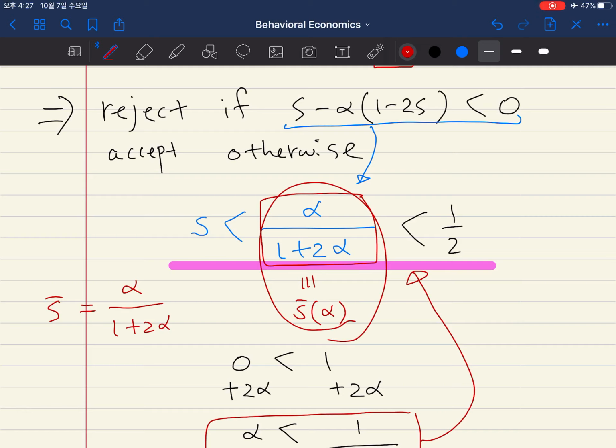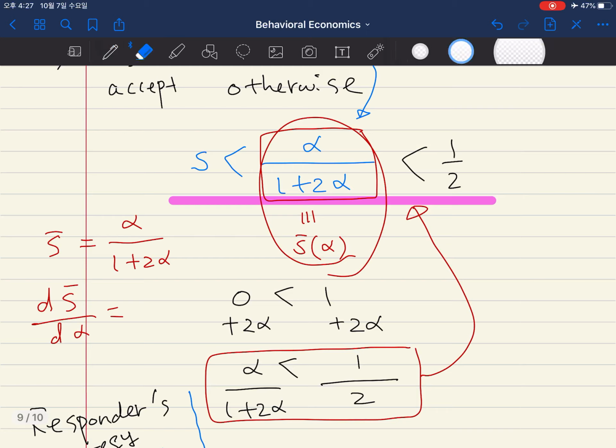So we can think about what's going to happen to S upper bar if alpha is increasing. So we can take the derivative here.